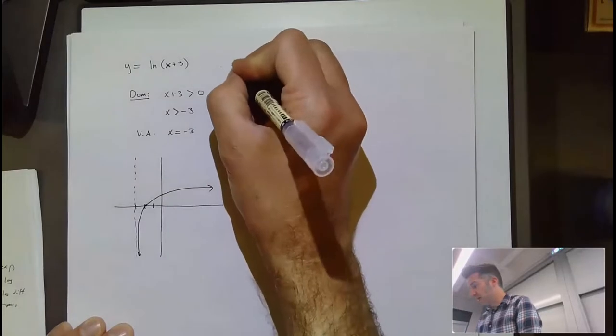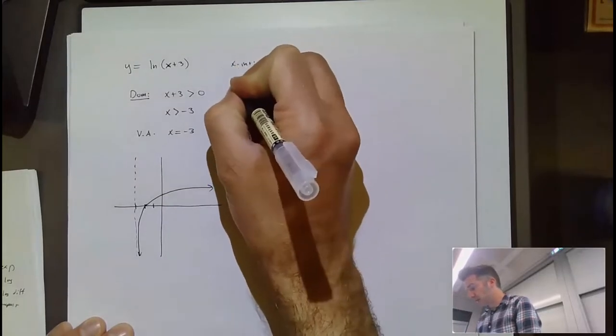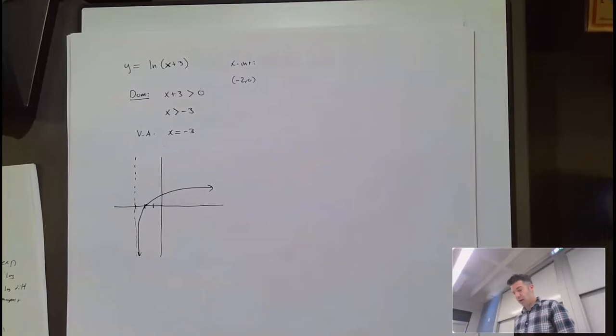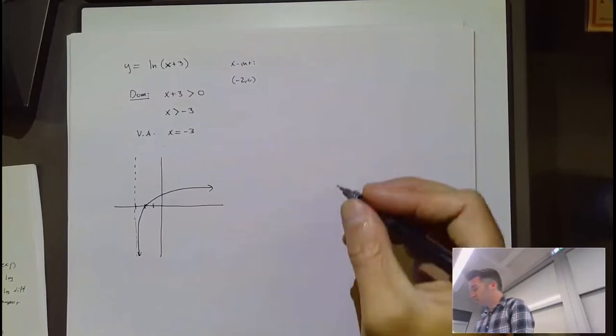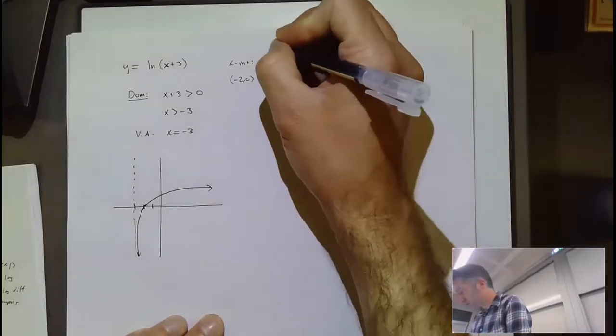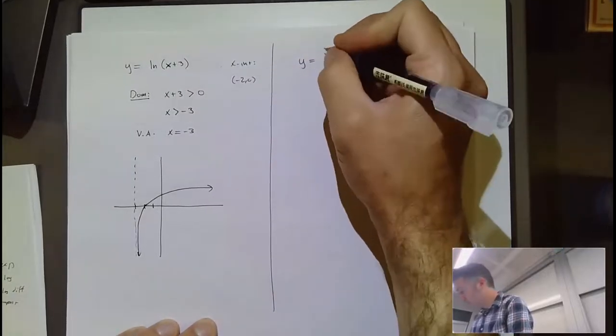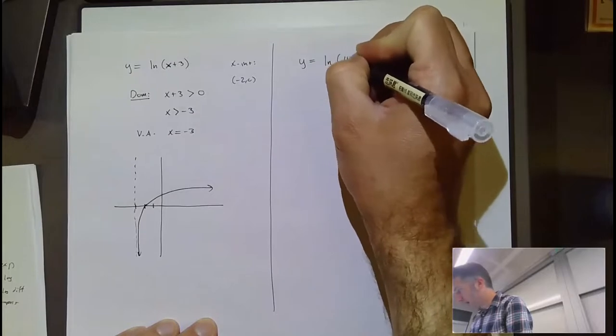So x-intercept is (-2, 0). Here's my graph. Not anything really special about it. There it is. Let's look at one more example. Let's graph y equal to the natural log of 4 minus x.